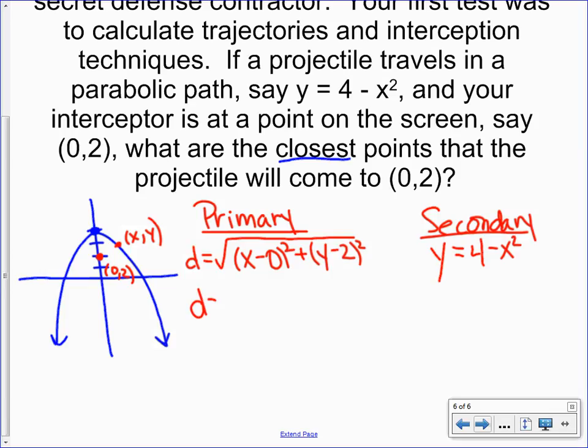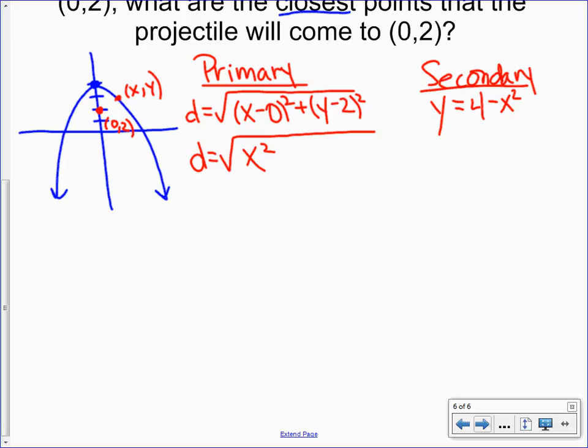That's fine. Oh, wait a second. Actually, here we have x squared, because that's x minus 0 squared. And we know y is 4 minus x squared.